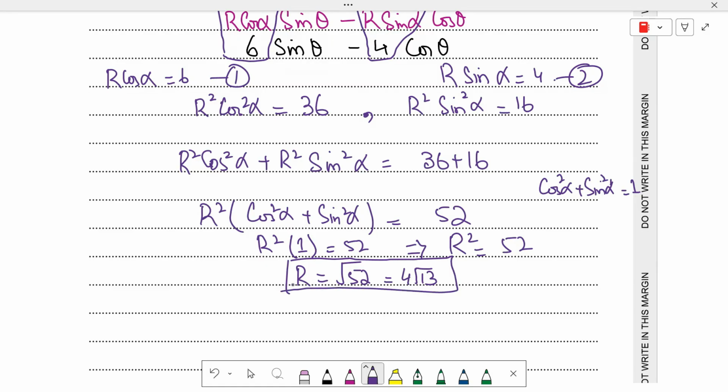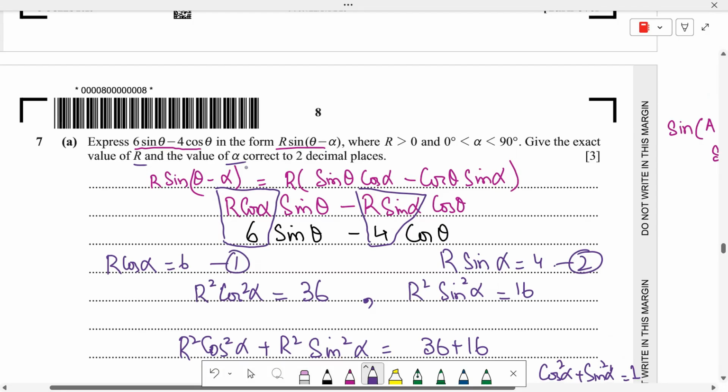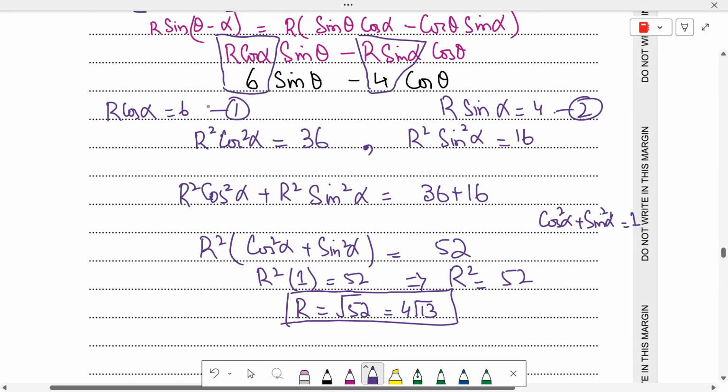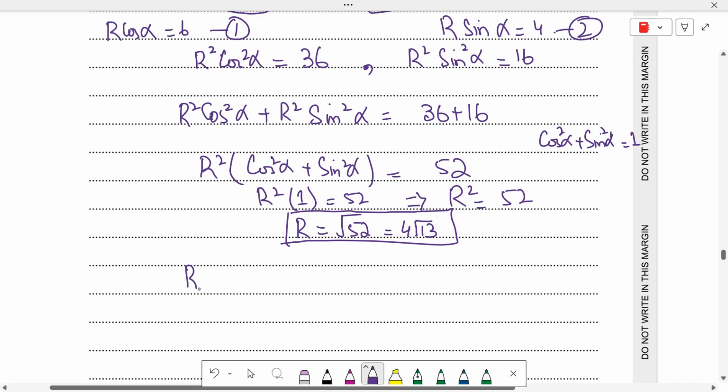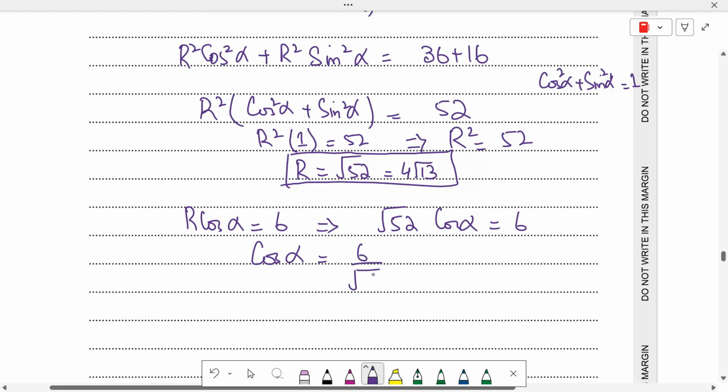So we have calculated r and we need to find the value of alpha. Plug this r value into equation 1: r cos alpha is 6. So r is root 52, and cos alpha is 6 over root 52. 6 over root 52 is equal to 0.8320.